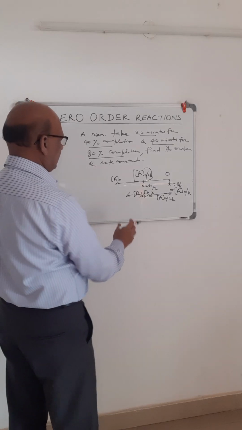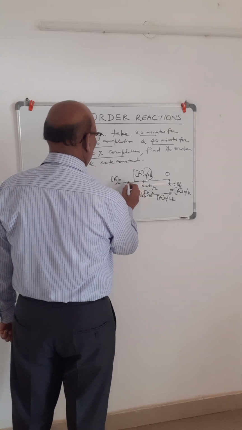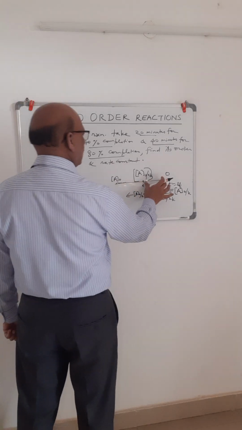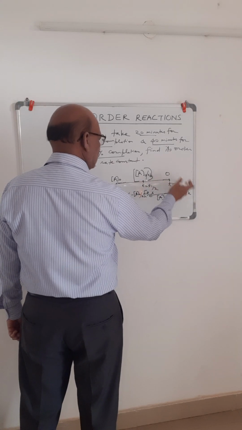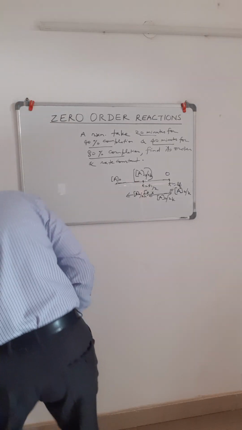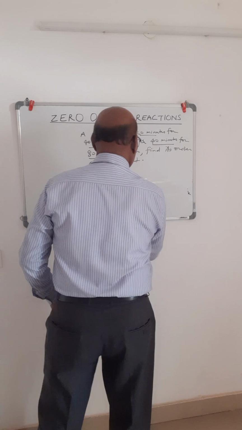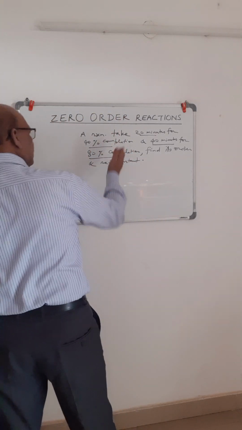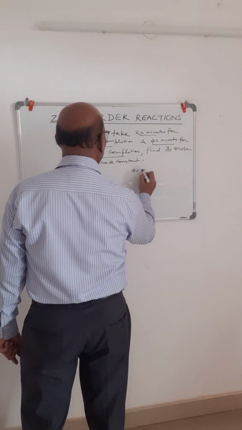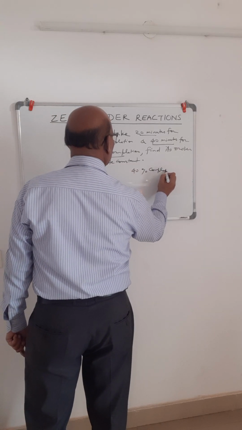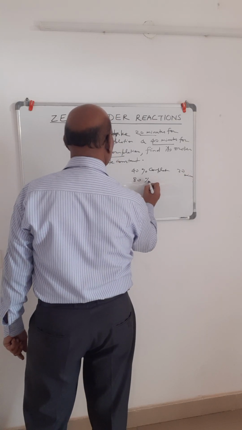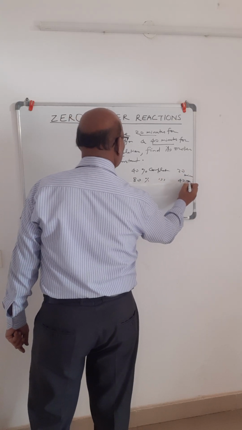Okay, so we can say that its concentration becomes 50% in A0 by 2K time, and in another A0 by 2K time it becomes 0. Okay, so we can directly apply the unitary method here. Okay, that means we can say that this is a zero order reaction just by observation, because for 40% completion it takes 20 minutes and for 80% completion it takes 40 minutes.